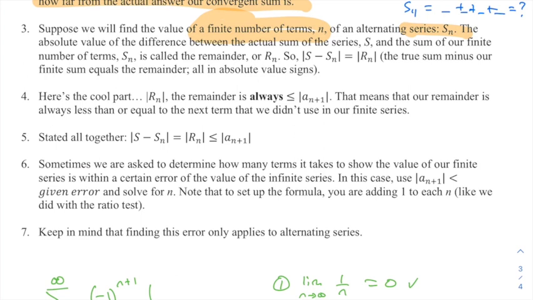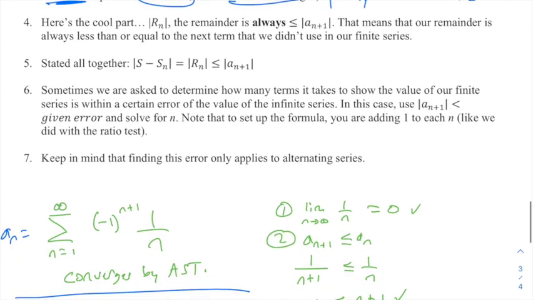If we could find the actual sum to infinity, we'll just call that S, then our number subtracted from the actual sum, and take the absolute value, we don't care if it's positive or negative, gives us what's called a remainder, right? I mean, that's just good old math, right? You take one thing away from another thing, you have a remainder. So this is saying the true sum of the series to infinity minus our finite sum, so if we only add up the first 3 terms, 4 terms, 5 terms, that gives us a remainder in absolute value signs. We don't care if it's negative. Now, here's what's really, really cool about the remainder.